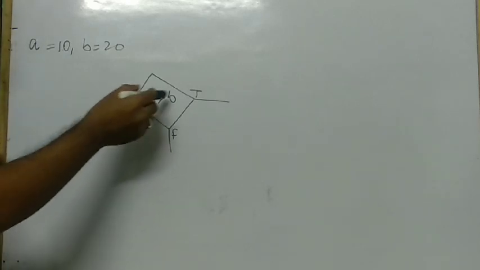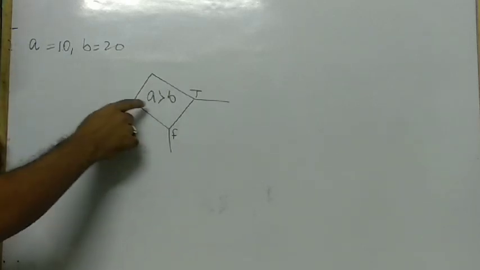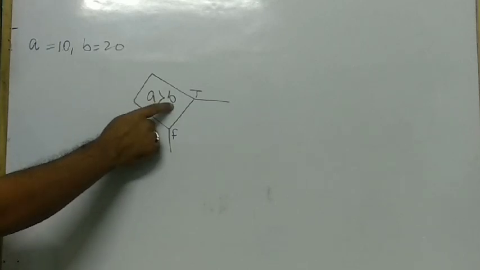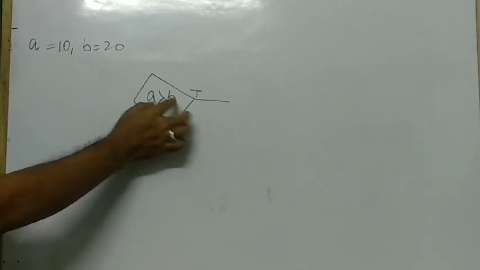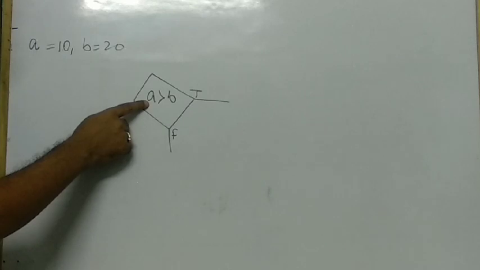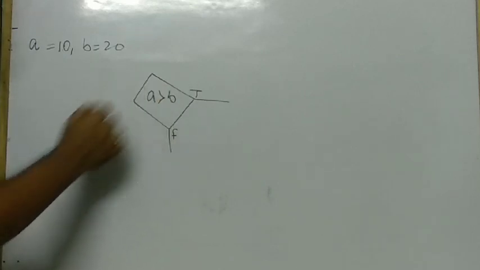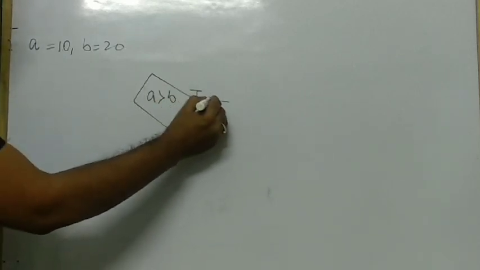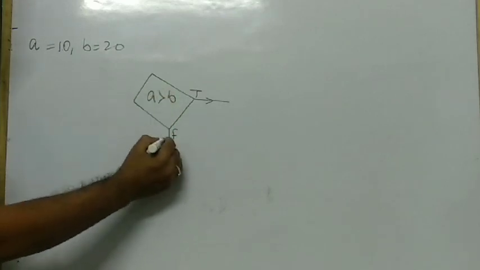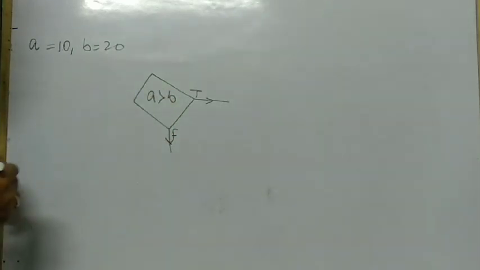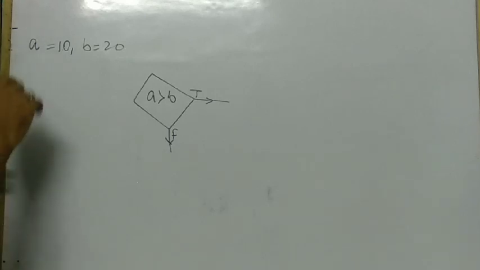The program will check this condition first, whether the value of A is greater than B or not. This is called the condition, and if this condition is true, then the program will follow the true path, and if this condition is false, then the program will follow the false path.